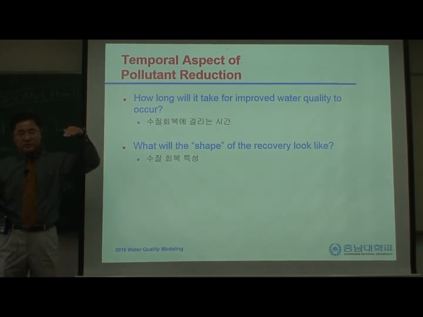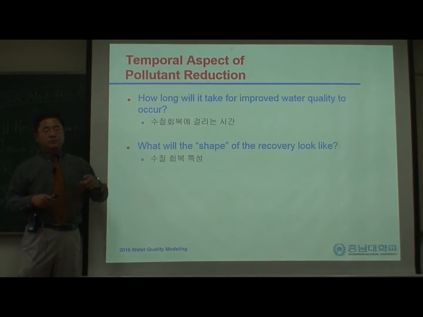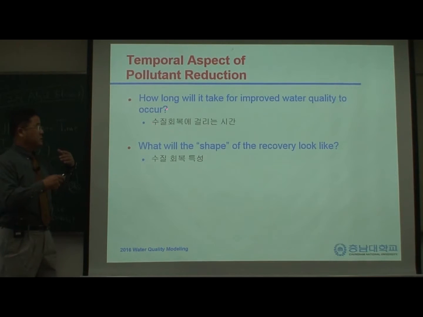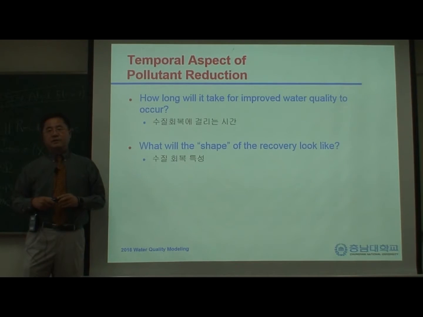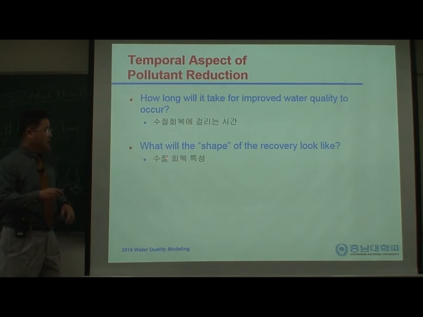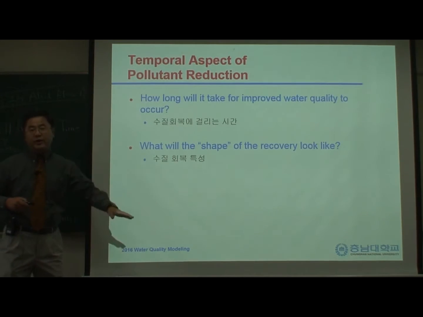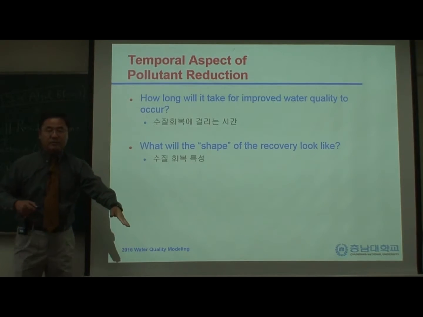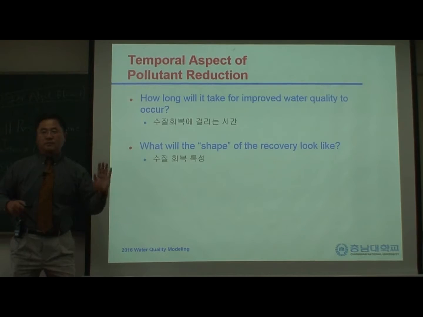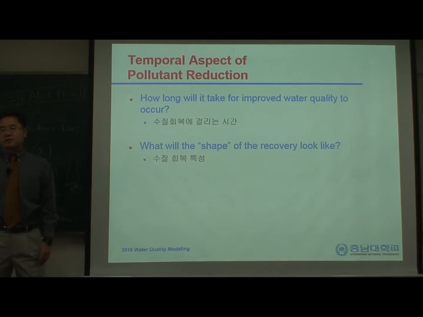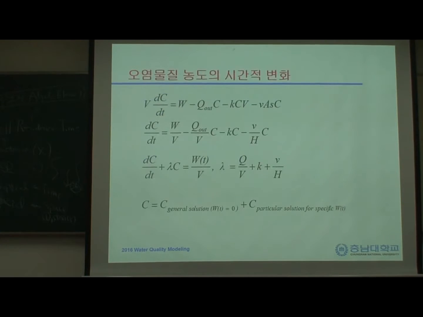When pollutant is going to be reduced, we also want to know how much time is necessary. Okay, and then when they change, what is the shape of the curve? Is this just a line or a curve or a cycle, something like that? So we want to know. Once we know the function, it's easy for us to tell.